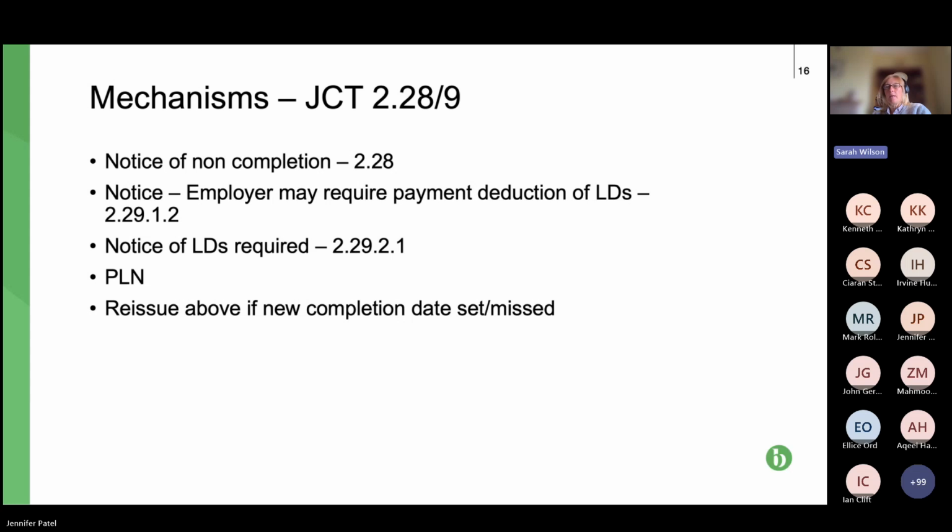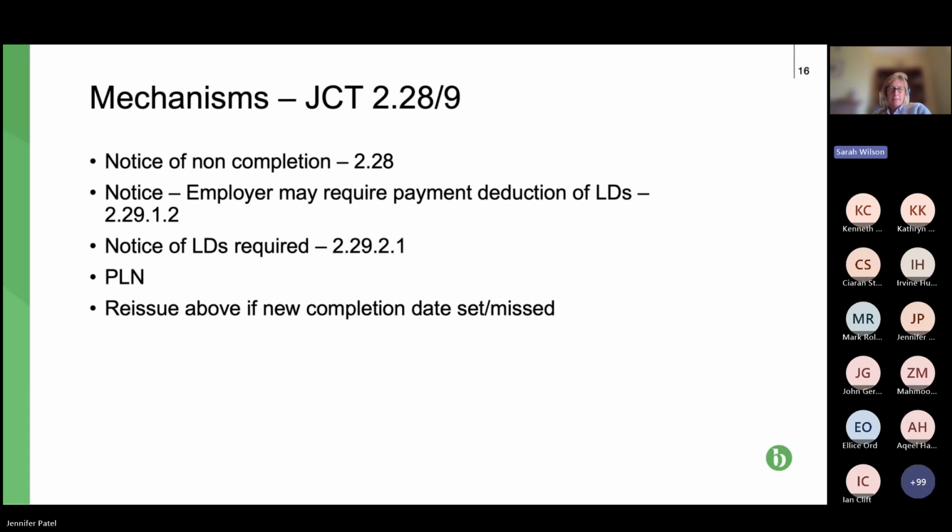I think the key thing there is if you're the employer, the paying party under a JCT, you just need to get all your ducks in a row before you deduct those liquidated damages to avoid it being challenged. Also, if an extension of time is granted, then you've got to reissue the notice of non-completion to state when it applies from, and obviously reimburse any liquidated damages that might have been paid for that period.